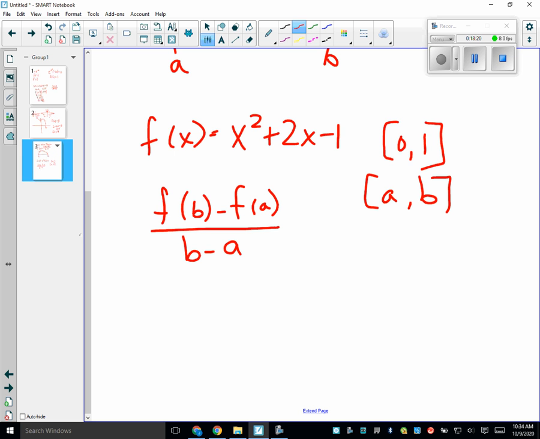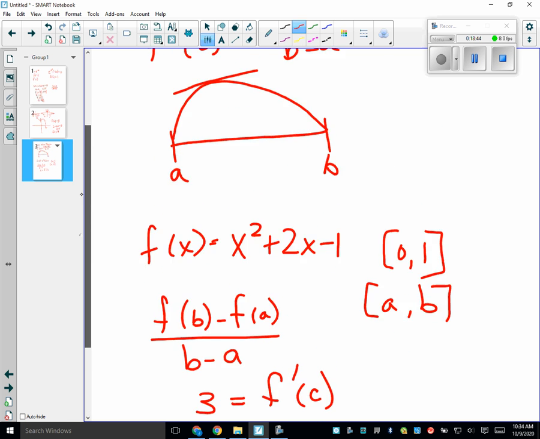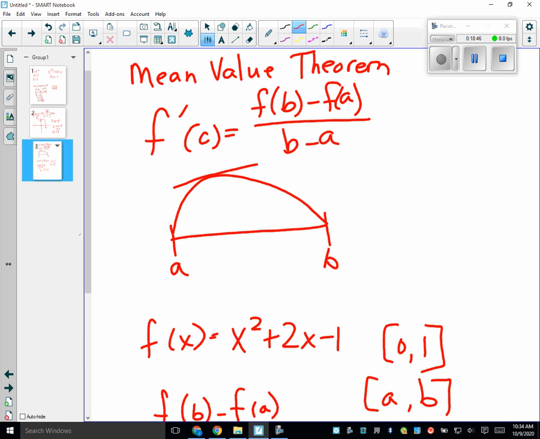I got 3. I would like somebody to agree or disagree. I got 3. You got 3? Okay, let's go through. This 3 has to equal f prime of c, according to our mean value theorem, correct?